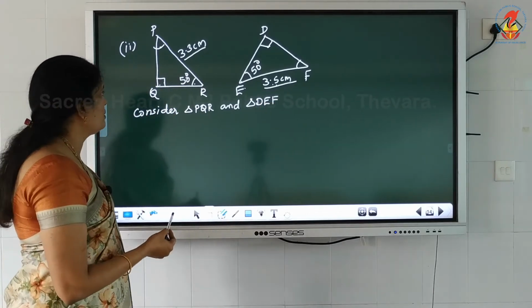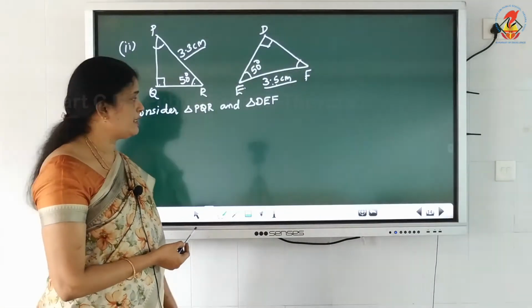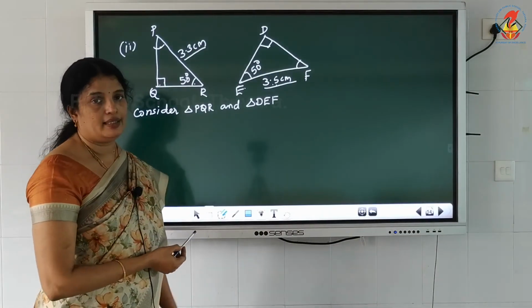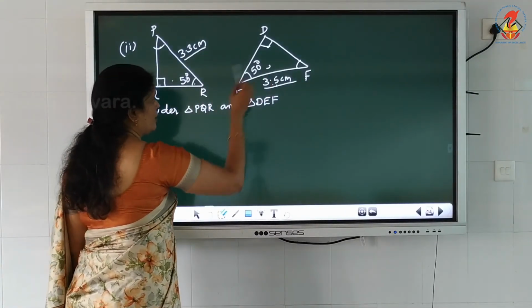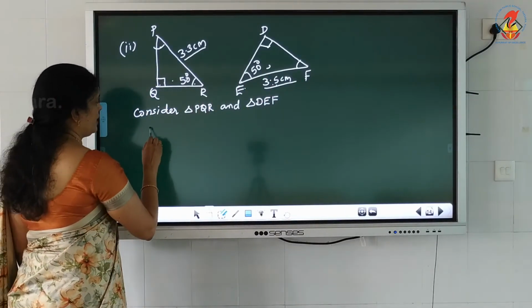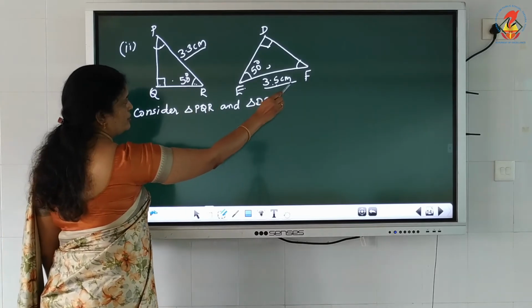So both sides are not equal. That means PR not equal to EF. The measurement is different. Then you can say that these two triangles are not congruent. What's the reason? PR not equal to EF.